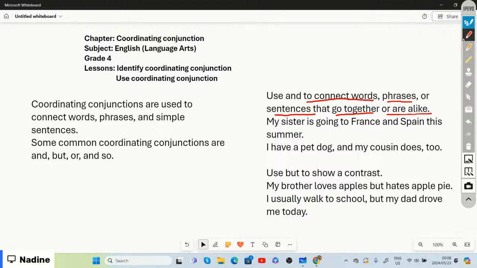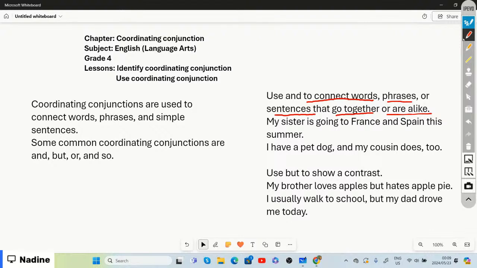It's like saying it's this and that. I'm doing this and I'm doing that. Me and you, for example, both of us, it's alike or it goes together.